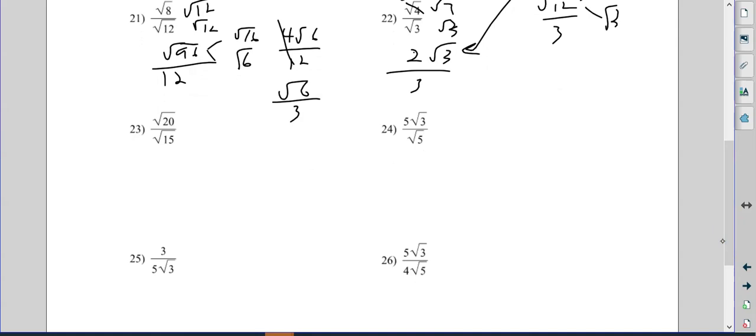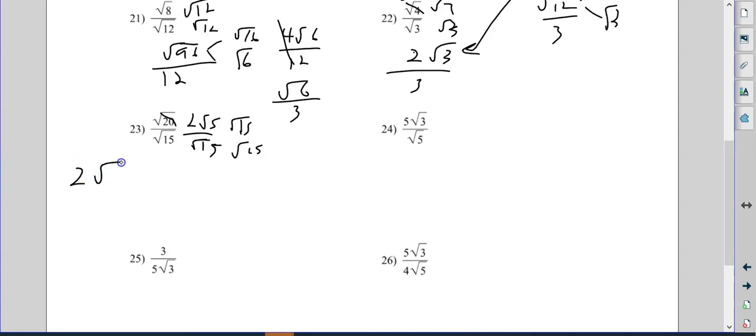Like here on number 23, I recommend breaking this down first. Now we've already done radical 20, so that's going to be 4 and 5, right? So this is going to be 2 radical 5 over radical 15. It just gives you smaller numbers to work with. So when I rationalize this 15, I have smaller numbers. Okay, so on the top, 15 times 5 is going to give me 75.